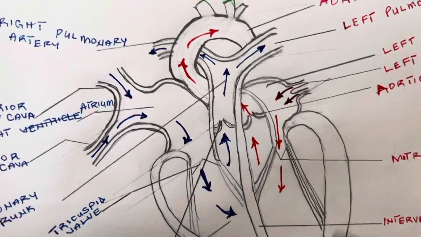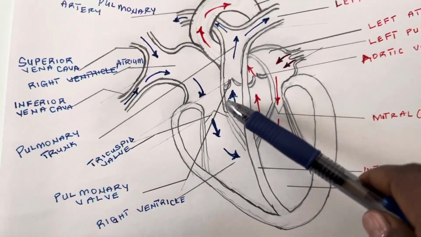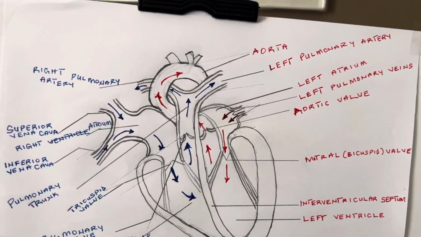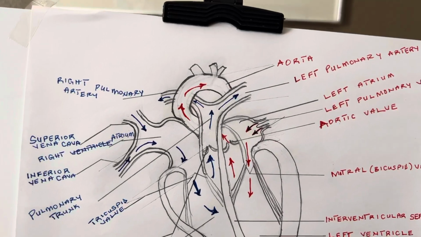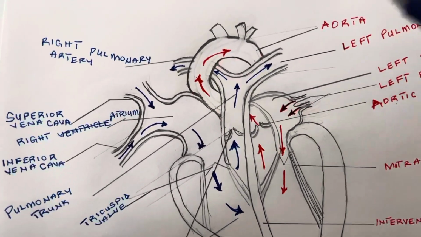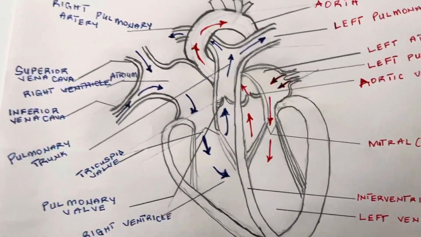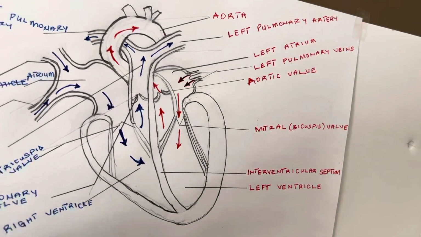So the deoxygenated blood goes through the pulmonary valve into the pulmonary arteries to go to the left and right lungs. So it goes to get the gas exchange and then comes to the pulmonary veins.